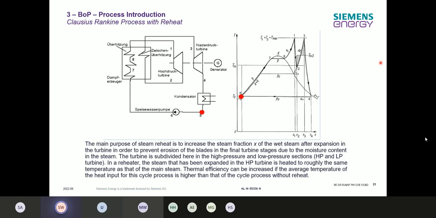So we superheat it again and move our X value out so that there is less water content inside the turbine. Otherwise you would go down, getting into the wet steam area.